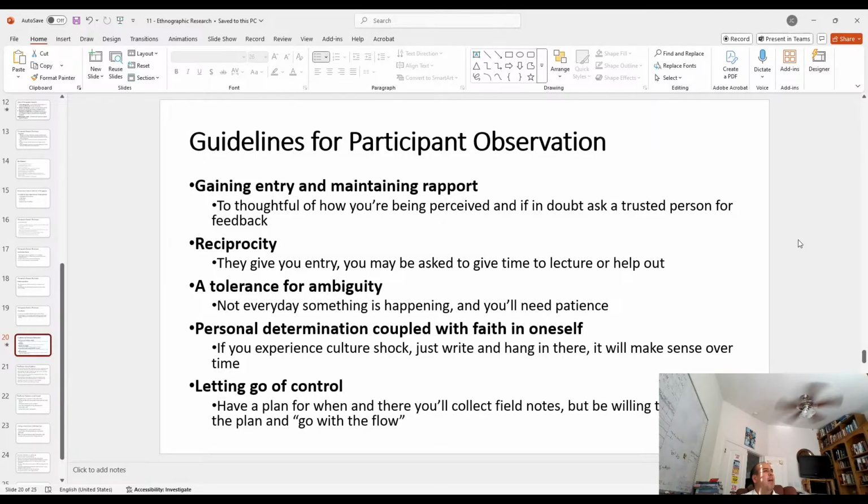Reciprocity, right? They give you entry, and you may be asked to give time for a lecture or help out. How are you going to give back, right? I remember the first time that I was asked for reciprocity when I went to Spain. I lived in Spain for a year, and I came back with hundreds of pictures. Then I was in an educational administration course.